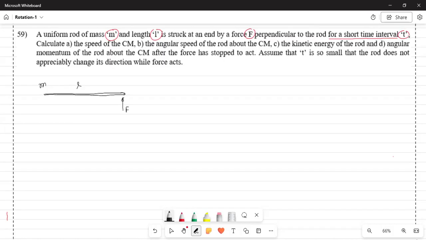Now, before trying to calculate anything, let us see what will happen. You can try it at your home. If you put a pencil like this on your study table, and then knock at one end of the pencil, watch what happens.